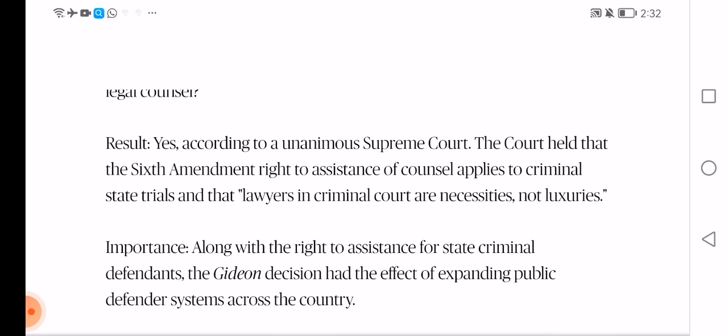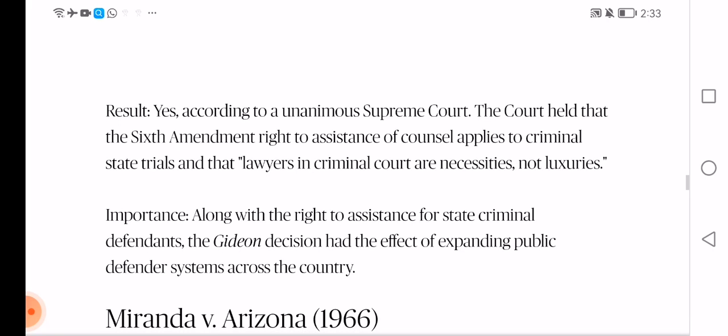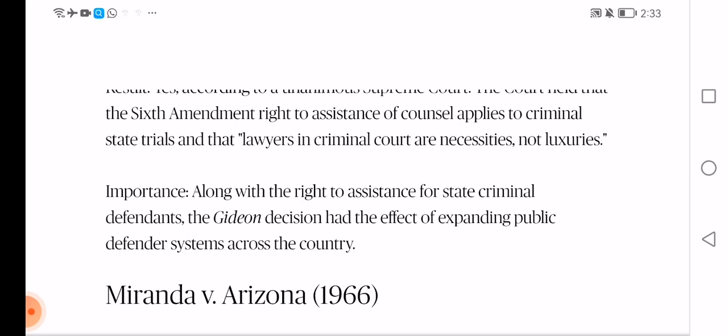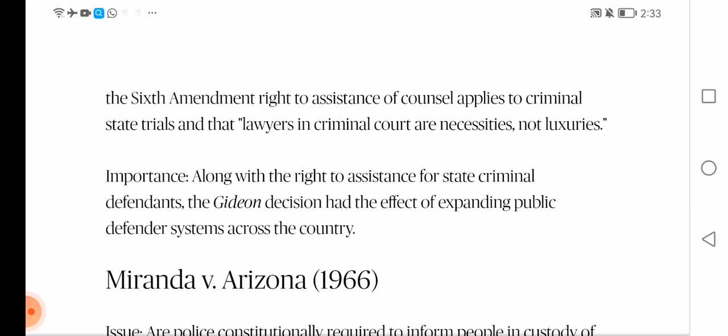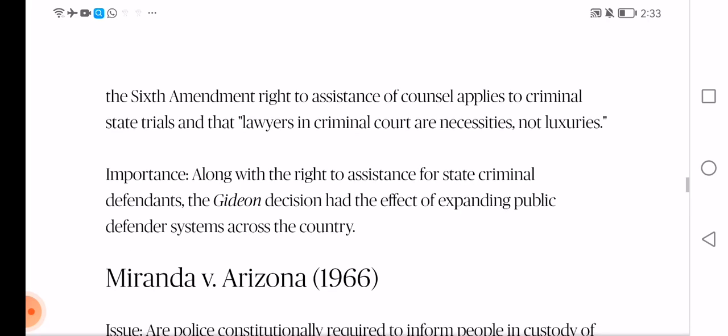According to a unanimous Supreme Court, the Sixth Amendment right to assistance of counsel applies to criminal state trials, and lawyers in criminal courts are necessary, not luxuries.